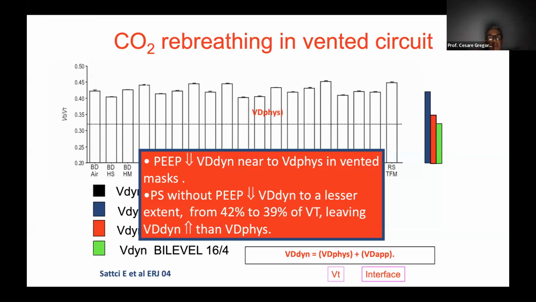And this is the reason why a vented system has a given level of EPAP: to clear CO2 inside the circuit. But it's not the only reason. We have also other reasons, and I will explain why in a while.